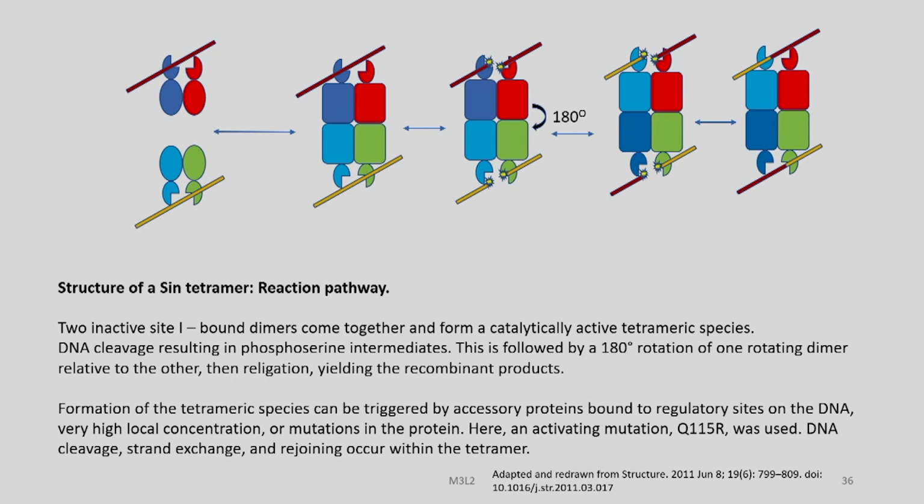DNA cleavage resulting in phosphoserine intermediates is followed by 180-degree rotation of one rotating dimer relative to the other, and then religation happens and it yields the recombinant products. So, you can see here the cleavage occurring, and then there is a 180-degree rotation.